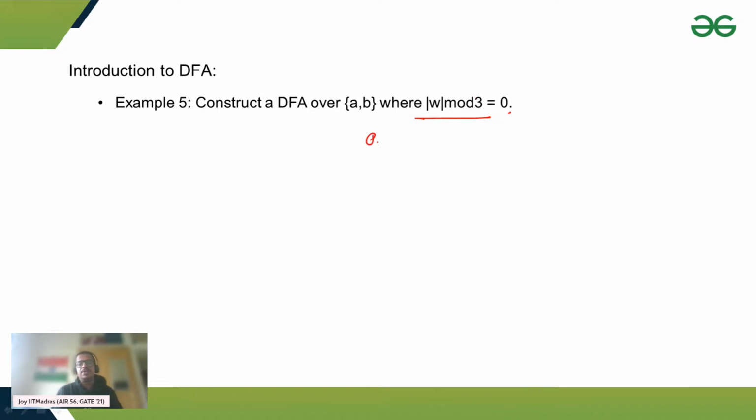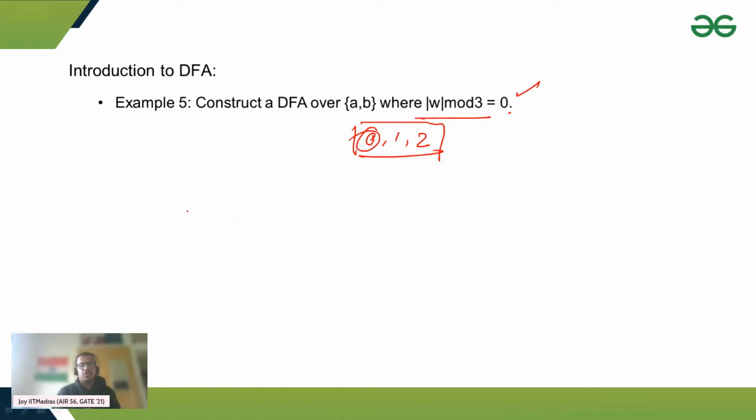There can be remainder 0, 1, or 2. These three states can be possible, and for the accepting case, the remainder should be 0. It means this will be our final state.